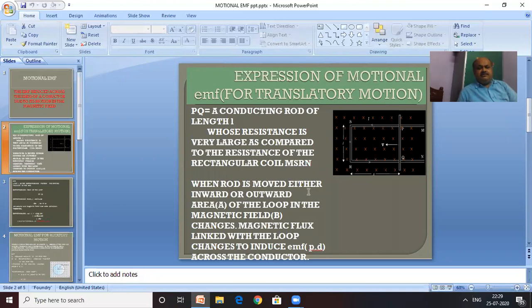When the rod is moved either inward or outward, the area A of the loop in the magnetic field B changes. Magnetic flux linked with the loop changes to induce EMF across the conductor. Here EMF is in terms of potential difference across this conductor, as the resistance of the remaining part is negligible.